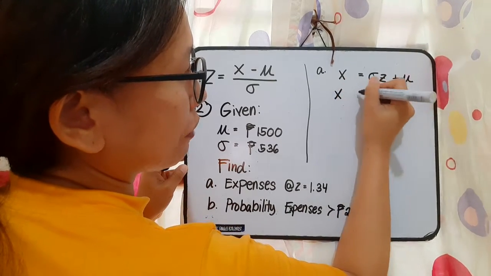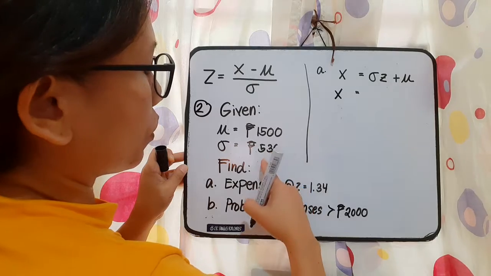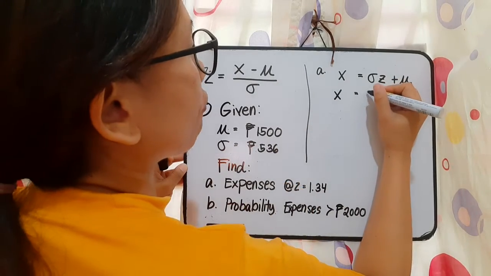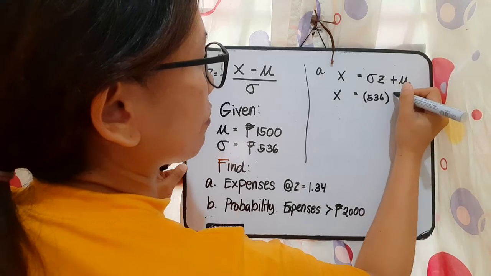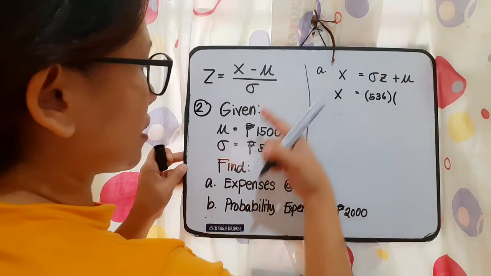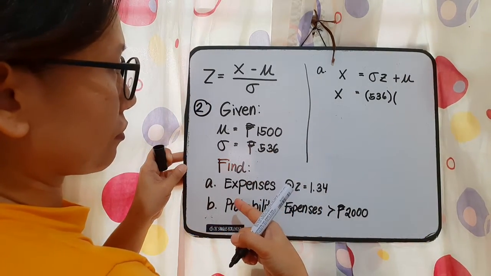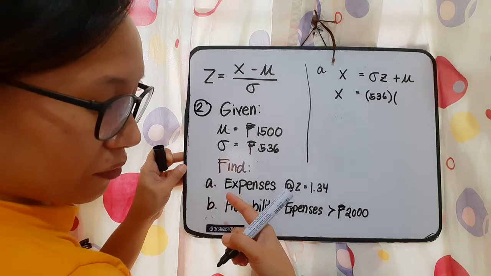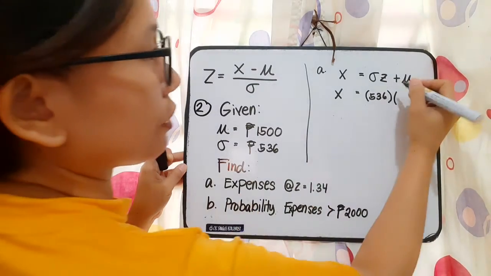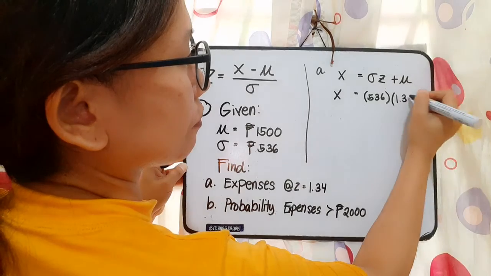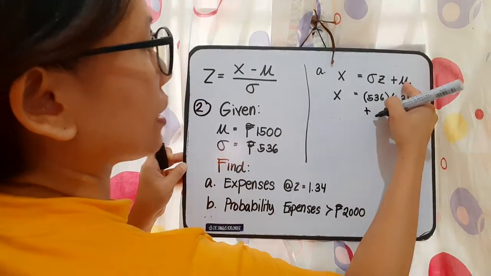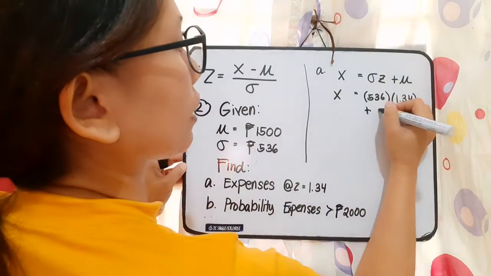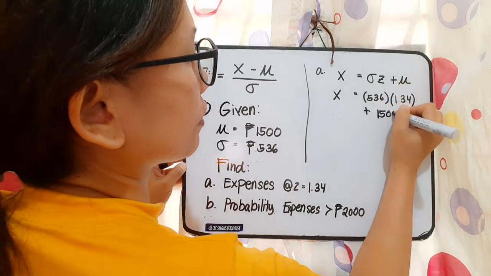And so we have our rho is 536 times our z is 1.34 plus the mean is 1,500.